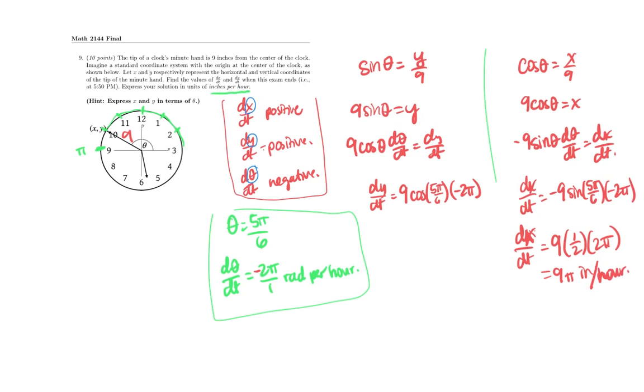And dy dt will be equal to 9 cosine of 5 pi over 6 is root 3 over 2 times negative 2 pi. Oh, sorry, it's negative root 3 over 2 times negative 2 pi. So dy dt is equal to positive 9 square root of 3 times pi inches per hour.